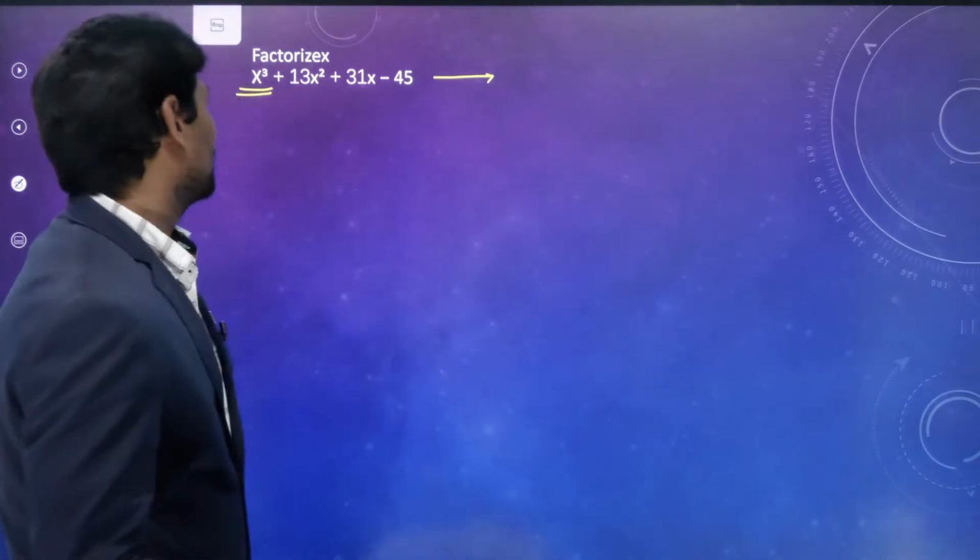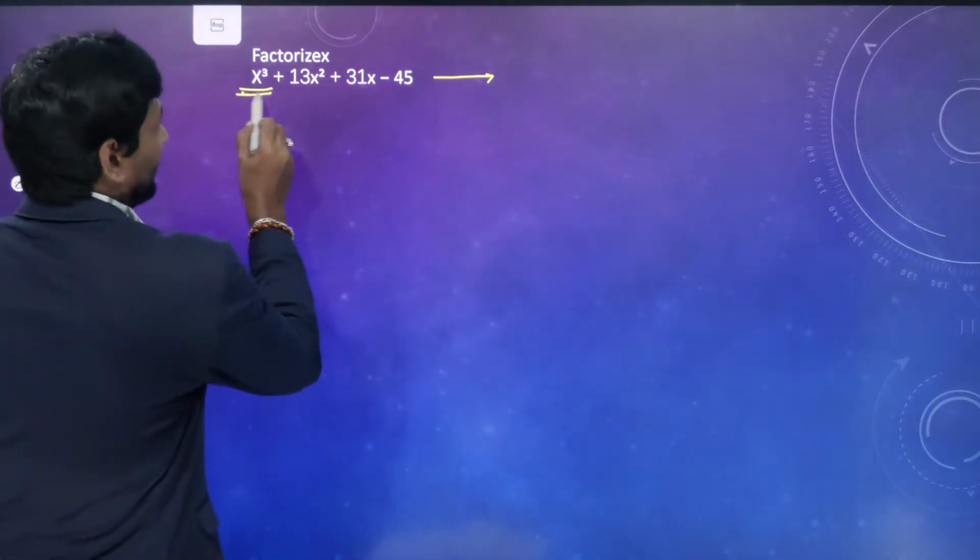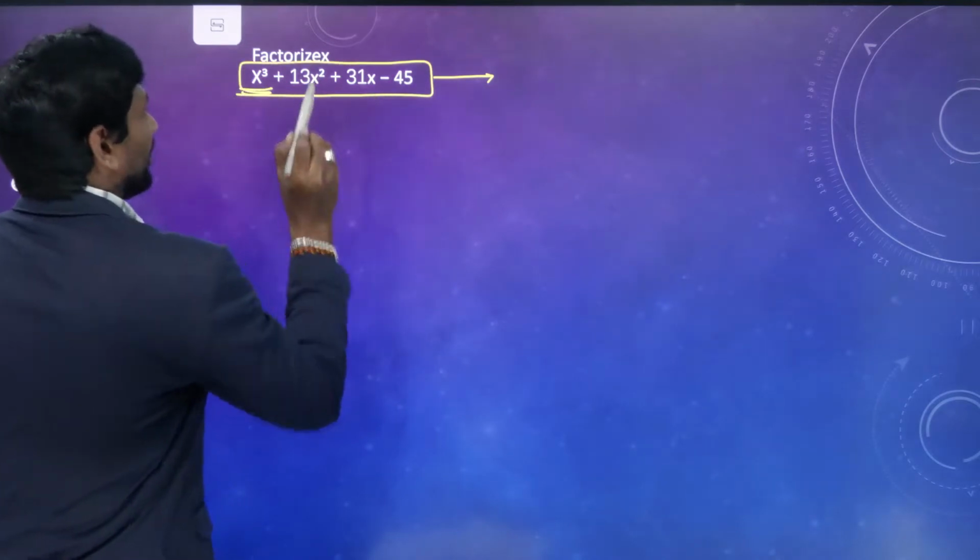Roots are solutions. If a polynomial has degree 3, it will definitely have 3 roots or 3 solutions. Same way, for a degree n polynomial, there are n possible solutions. So for this cubic equation, we need to find 3 solutions.